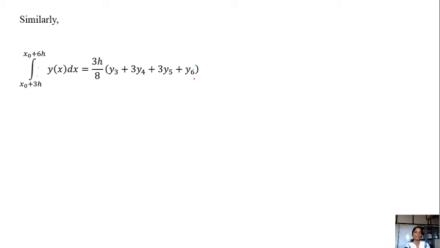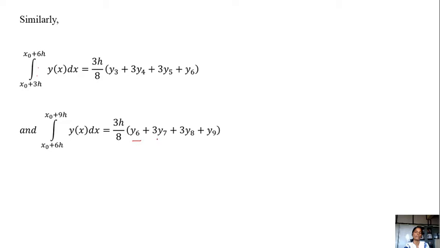So y3 and y6 as it is, and you have to multiply y4 and y5 by 3. So that formula becomes 3h by 8 times y3 plus 3y4 plus 3y5 plus y6. And from that again, x0 plus 6h to x0 plus 9h, y dx is 3h by 8 times y6 plus 3y7 plus 3y8 plus y9.